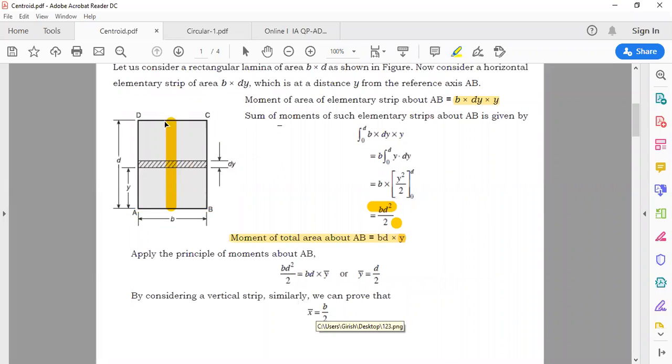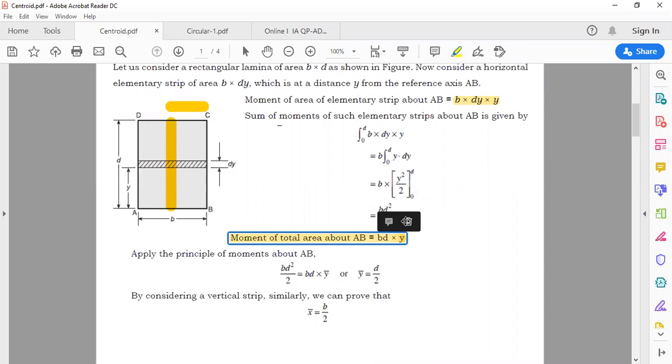So if you take a vertical strip here, now you give it the area, and let this distance be x, and if you solve it in a similar manner, you will get x bar is equal to B by 2. So this is how we are going to calculate the centroid of a rectangle.